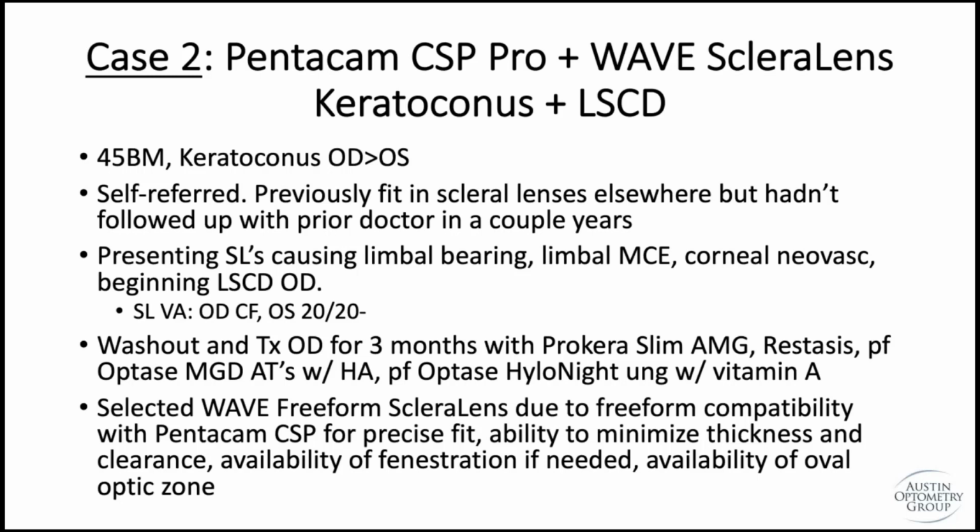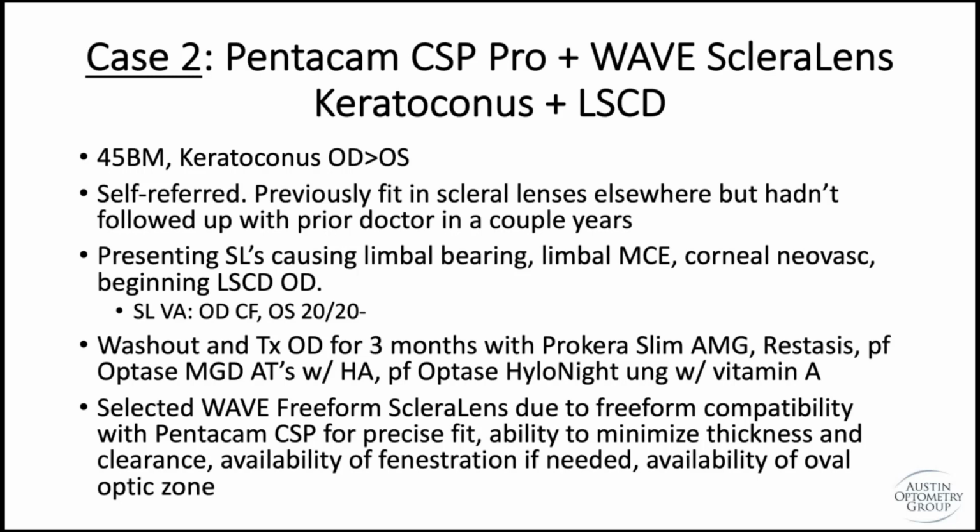And then fenestration, I did not use that on this case. I haven't yet needed it actually, but I like that such a thing may be a possibility with these. So I need that possibly in my back pocket just for a limbal stem cell deficiency kind of case. And then as we're going to see, oval optic zones, this ended up being a neat case to try that out.